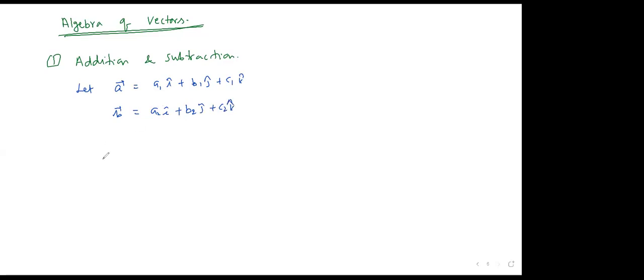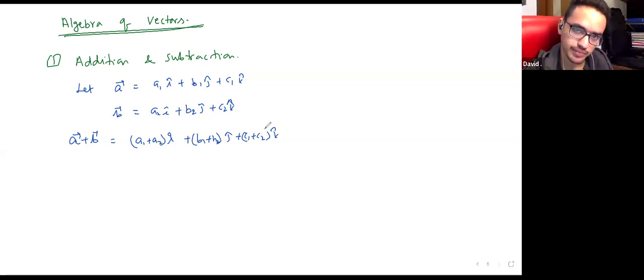Then A plus B vector equals A1 plus A2 i cap plus B1 plus B2 j cap plus C1 plus C2 k cap. As simple as that. We add the coefficients of i cap, j cap, and k cap separately.